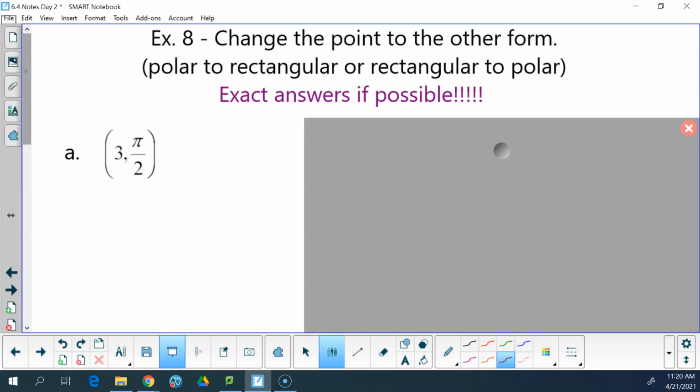So the very first thing that we need to figure out is which form our current question is in. 3 comma pi over 2. Is that a rectangular or a polar point? Polar, because the pi over 2 is an angle. It's a common angle. So this is in polar.